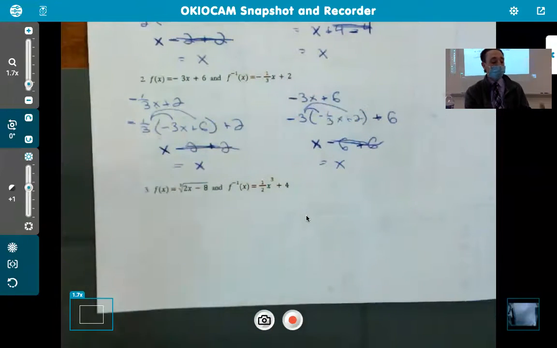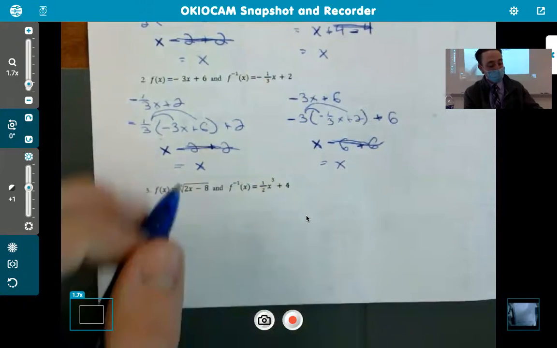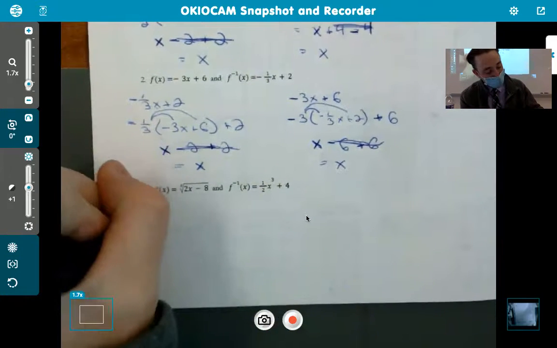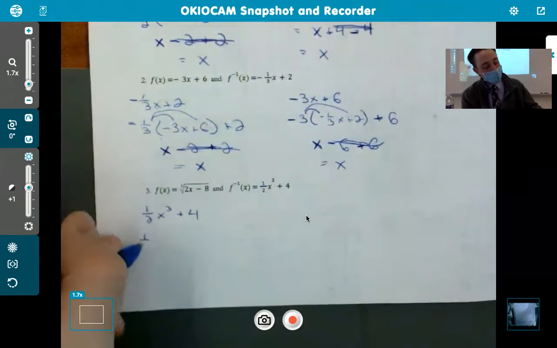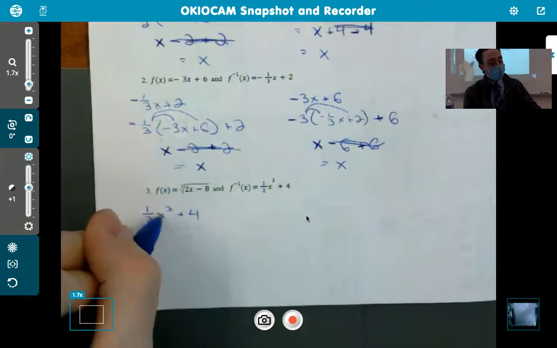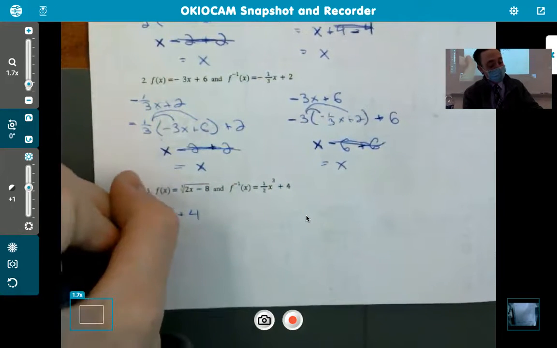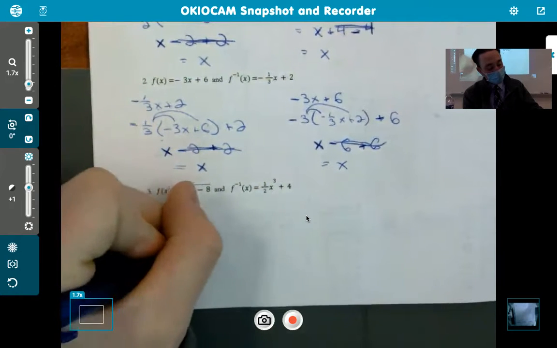We'll start off the same way though, right? I'm going to take this function and plug it into my inverse. So I'll write down my inverse. I have 1/2 x cubed plus 4. And then wherever I see an x, I'm plugging in f of x, right? Well, I have an x cubed. So in parentheses, I'm going to plug in the cubed root of 2x minus 8.